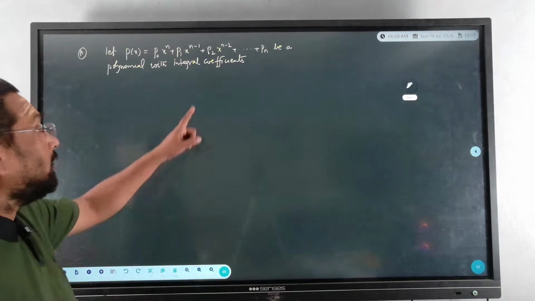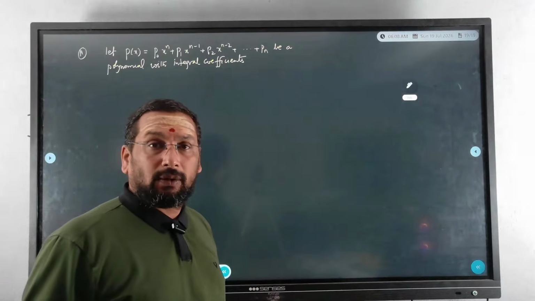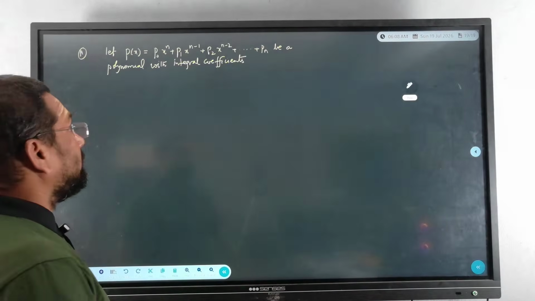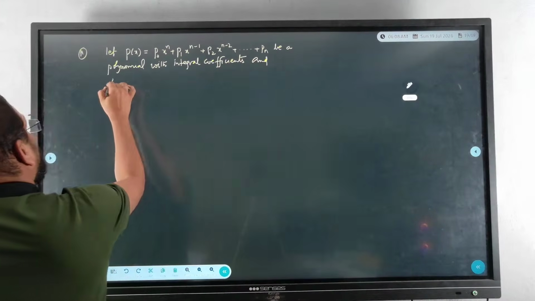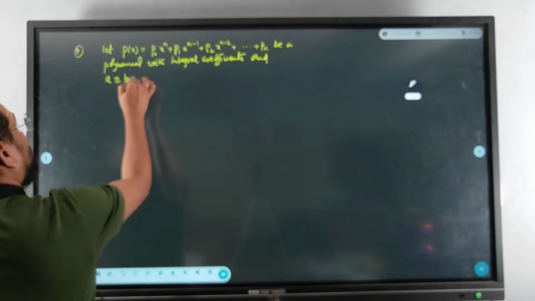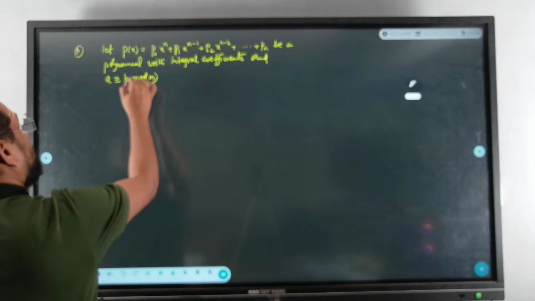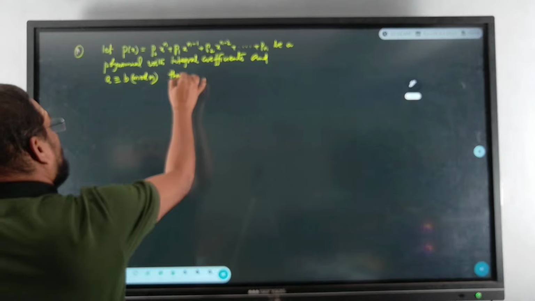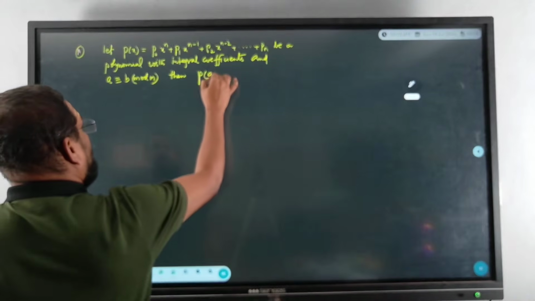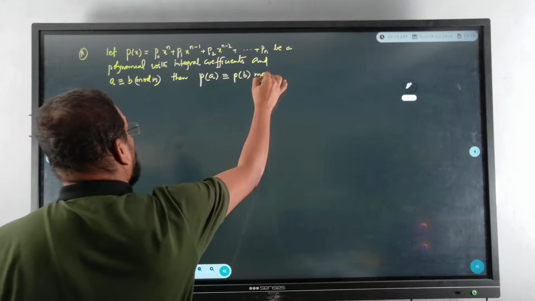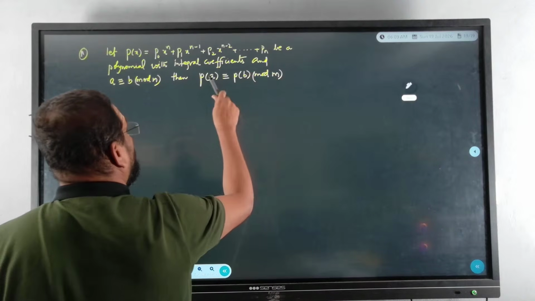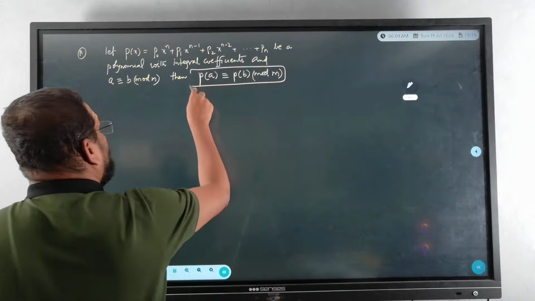Your coefficients P0, P1, P2 and so on are integers. If A is congruent to B mod M, then P of A is congruent to P of B mod M. So it is a very beautiful and interesting result.